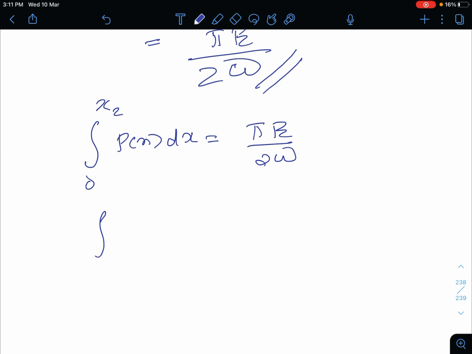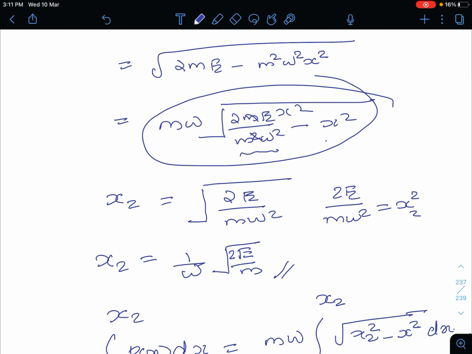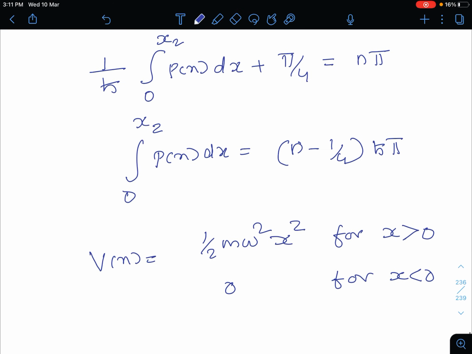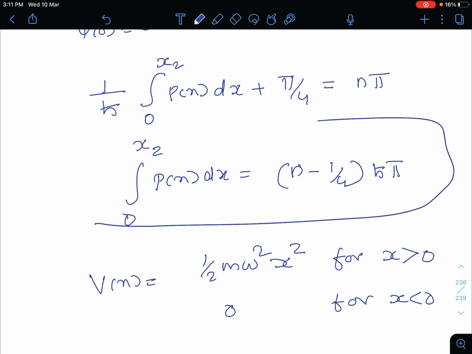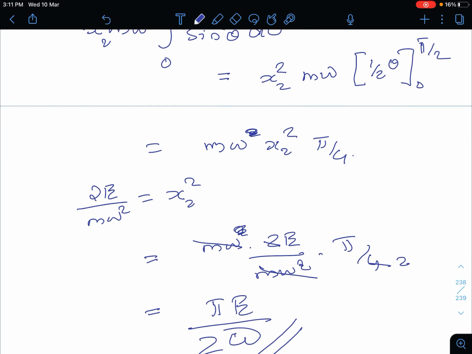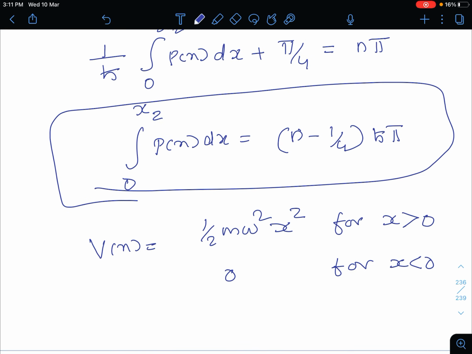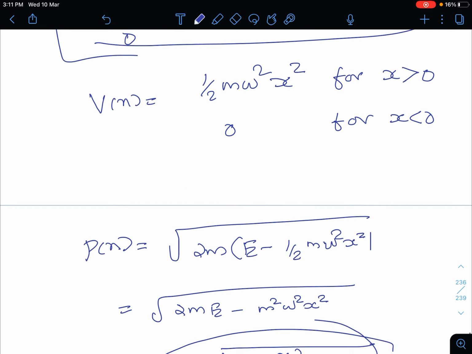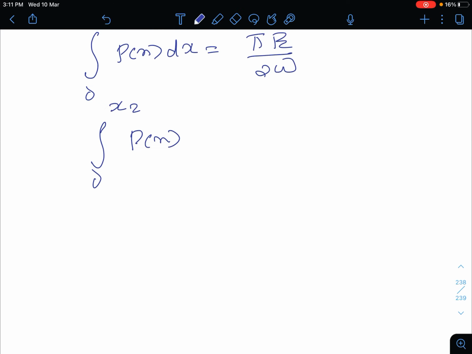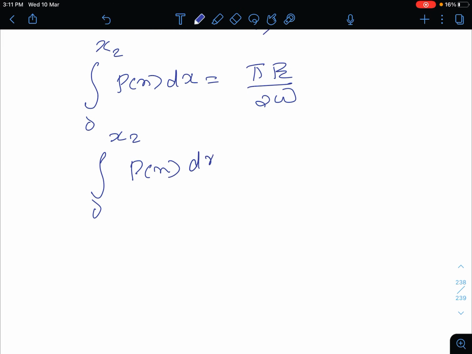But we already have the other condition which we derived previously: integral 0 to x2 of p of x dx is equal to n minus 1 by 4 h cross pi.